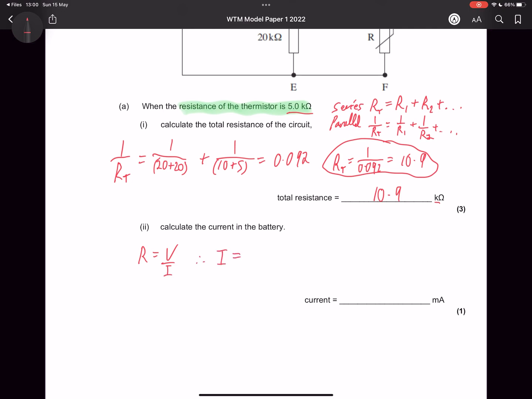R equals V over I, as it states on the equation sheet, rearranged to I equals V over R, 12 over 10.9, and to be perfectly correct here, let's work through it properly. So 10.9 times 10 to the 3 for kiloohms. That will give us an answer of 1.1 times 10 to the minus 3 amps.